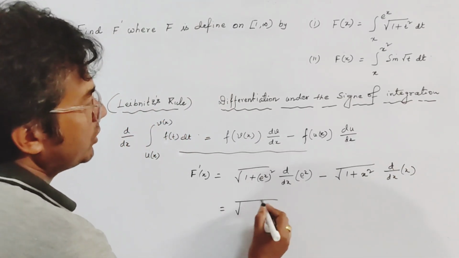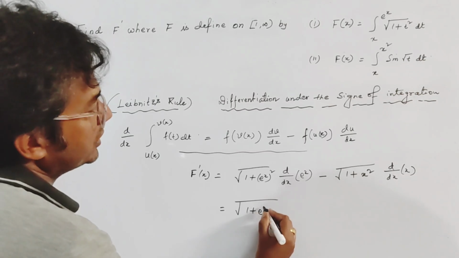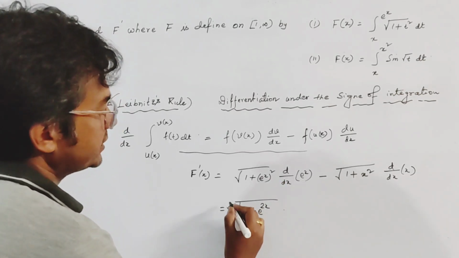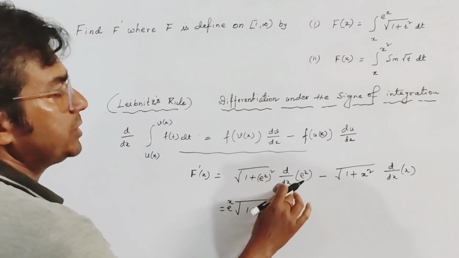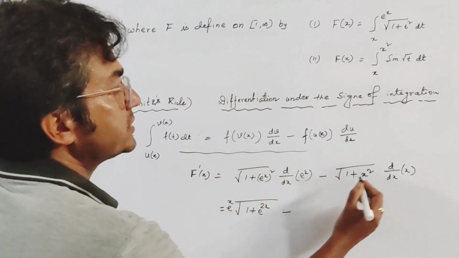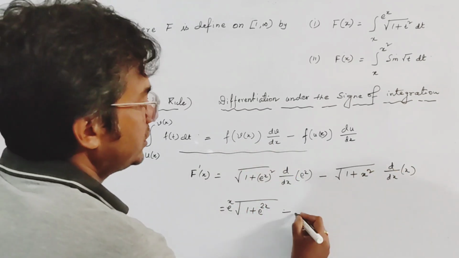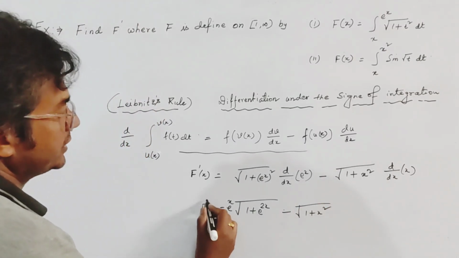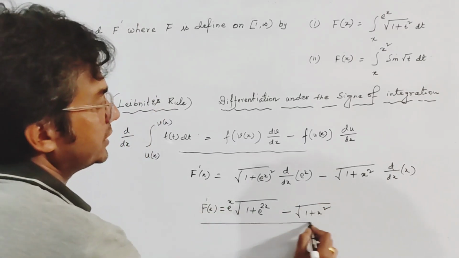This is given by 1 plus e to the power 2x times e to the power x, we write it on the left, because the derivative of e to the power x is e to the power x, minus the derivative of x, which is 1, so this is 1 plus x square, and this is the result.